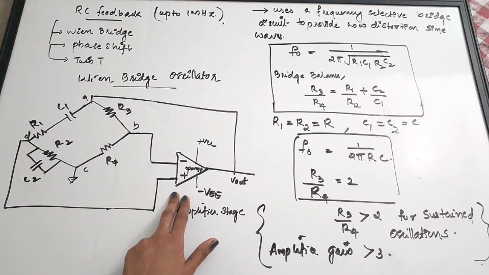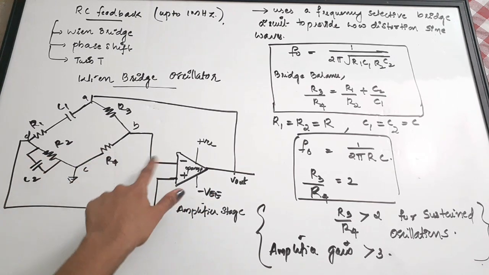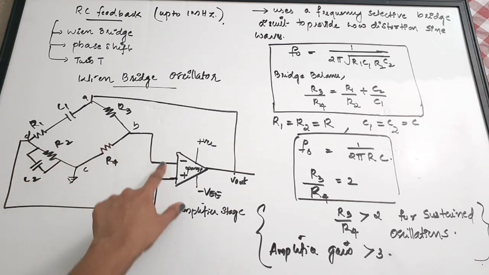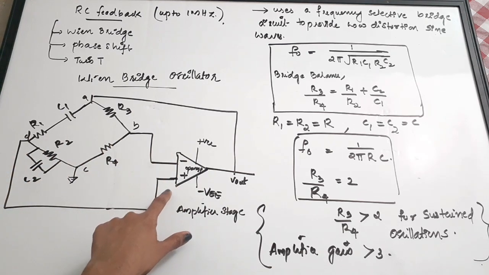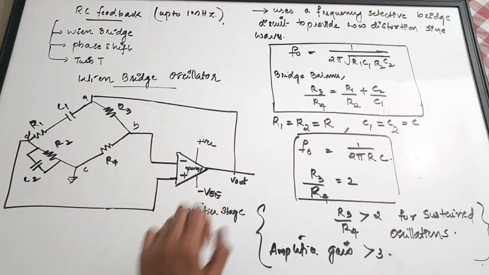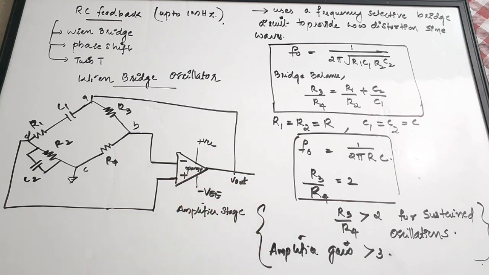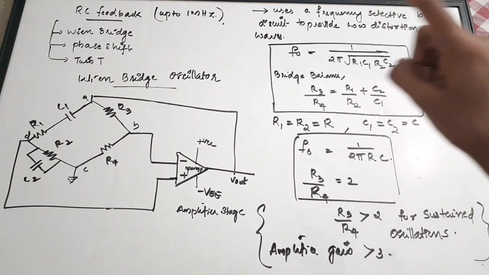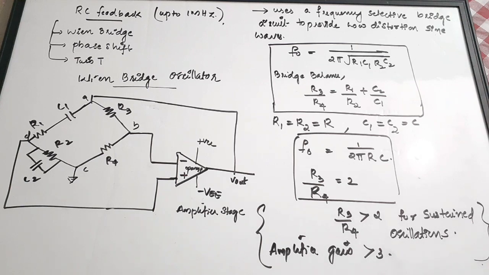So it consists of an op-amp, and the terminals of this Wien bridge are connected to the inverting and the non-inverting terminals of the op-amp. And this forms the amplifier stage, which will give you the output. So the concept of using a Wien bridge oscillator is that it uses a frequency selective bridge to provide low distortion sine waves.